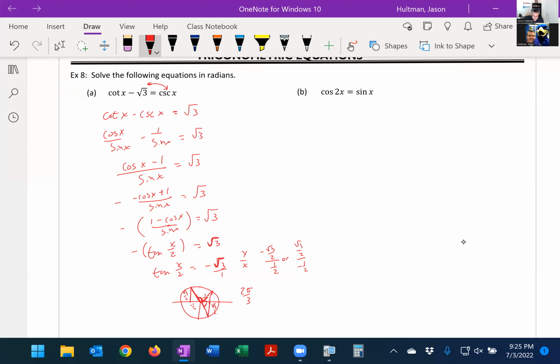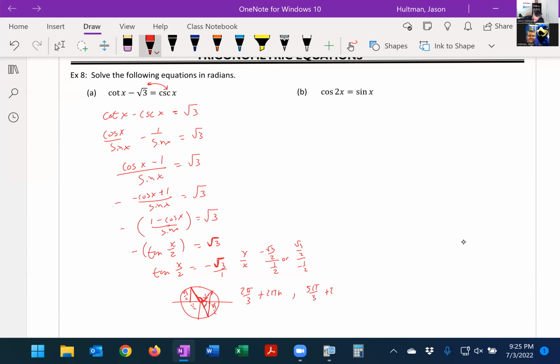And then another one of our answers, what's this one? That would be 5 pi over 3, right? In the fourth quadrant. So plus 2 pi n, and then 5 pi over 3 plus 2 pi n.